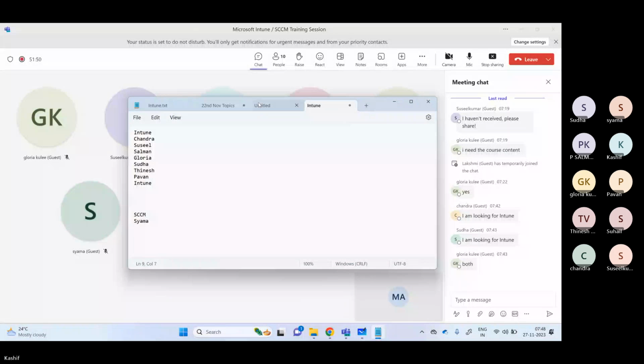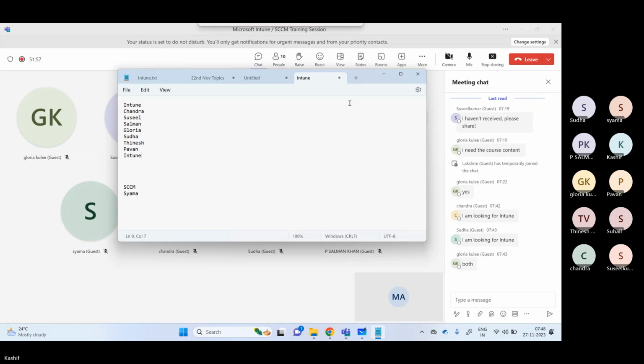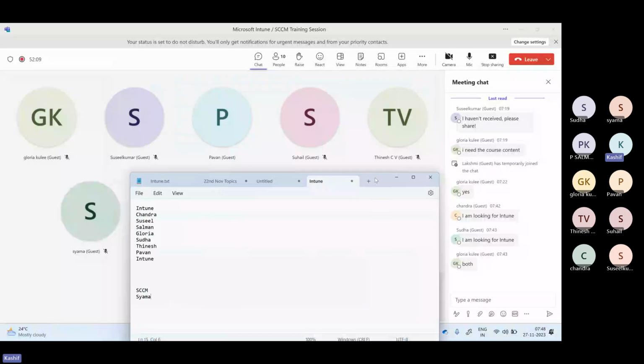Anybody left? Kashyap, instead of writing his name, you wrote as Intune. Oh, sorry. Thank you, Sohail. Okay. So you guys are looking for Intune.